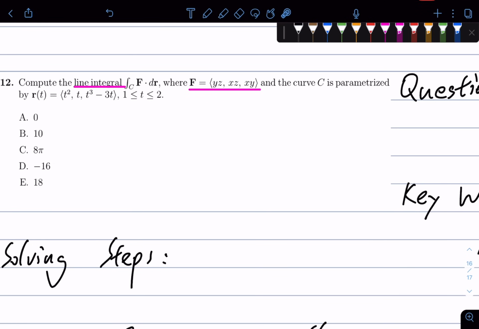We have yz. Which variable is missing? X. Well, let's take a look at the y component. This y variable is missing. And then finally, the z component, z is missing. Do you see a pattern here?